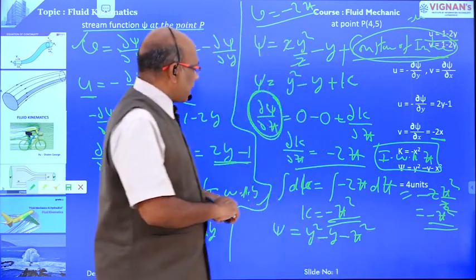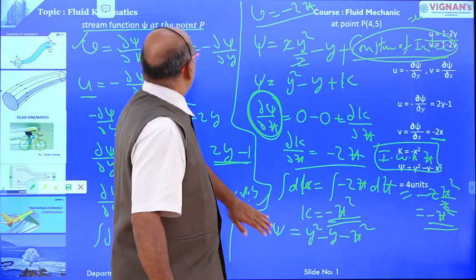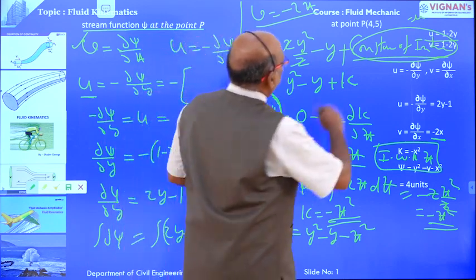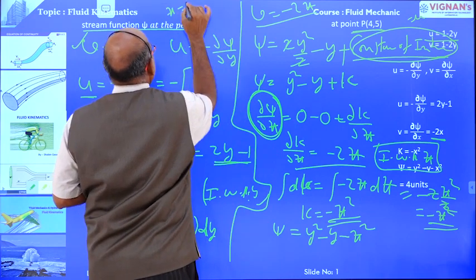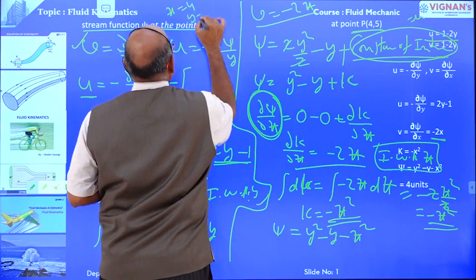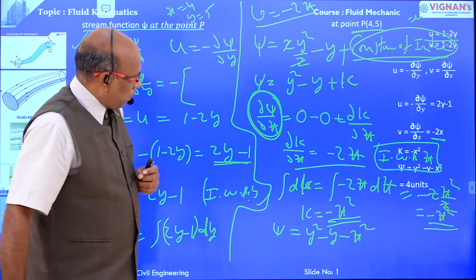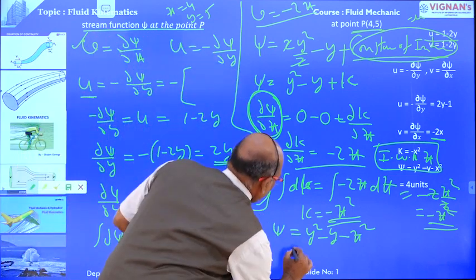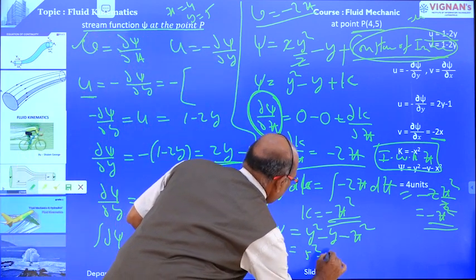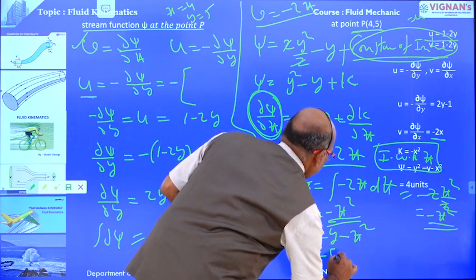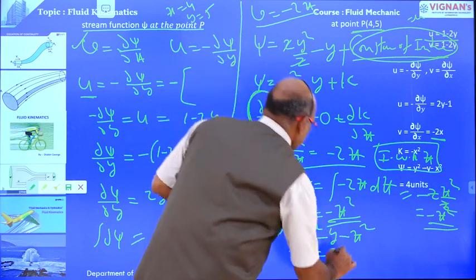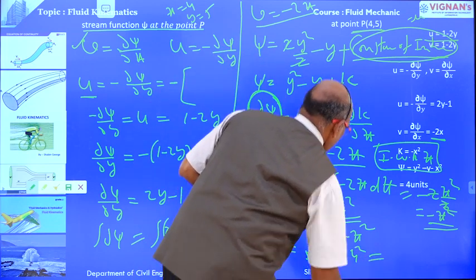But we are going to determine the ψ value at a point (4, 5). That means x is equal to 4, y is equal to 5. Now, this is equal to 5 square minus 5 minus x square. X square is nothing but 4 square.